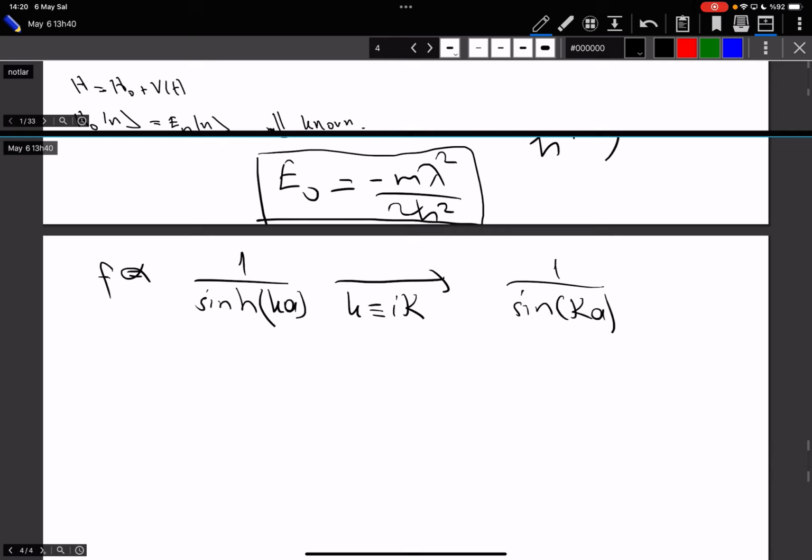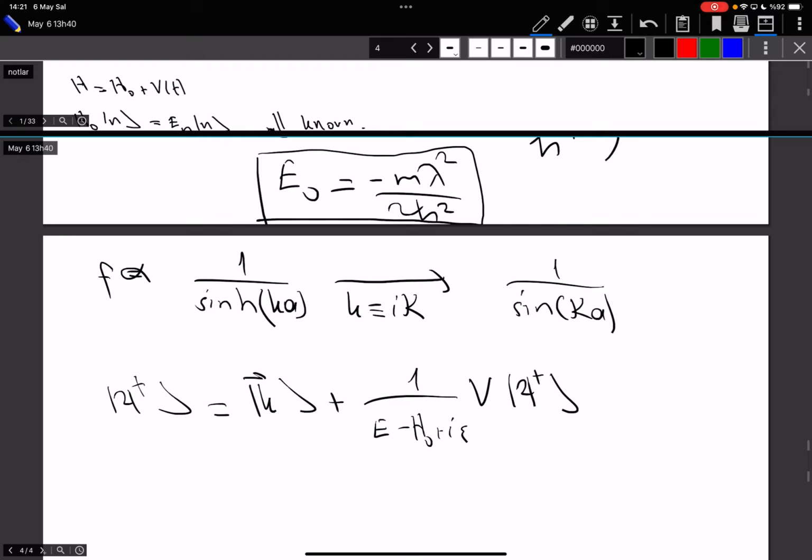Let's go back to our initial definition of psi plus. You see, this is valid whatever potential you have.